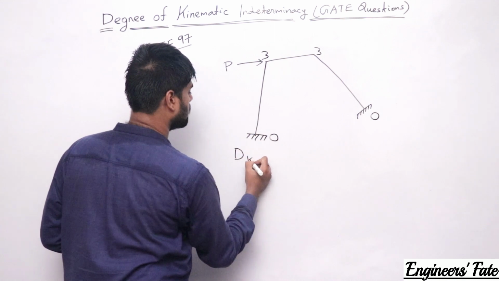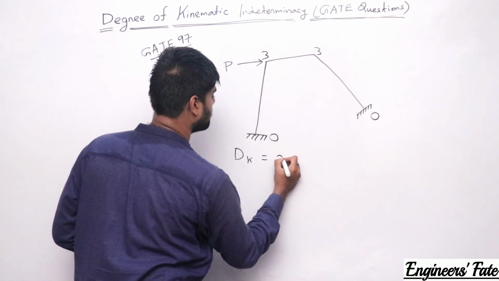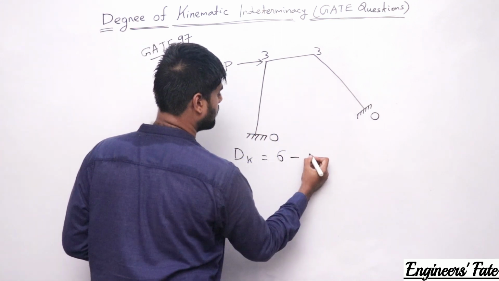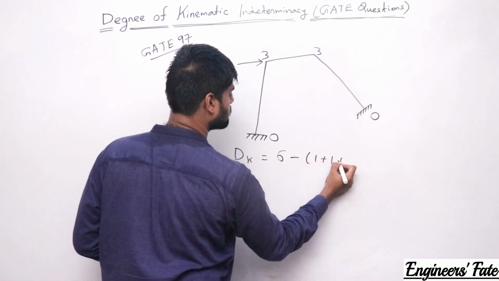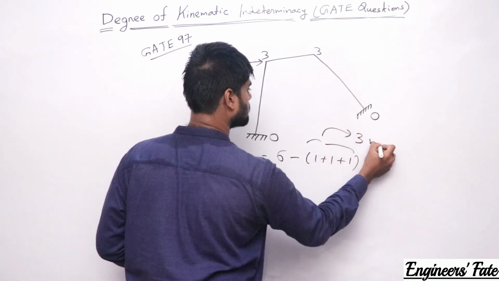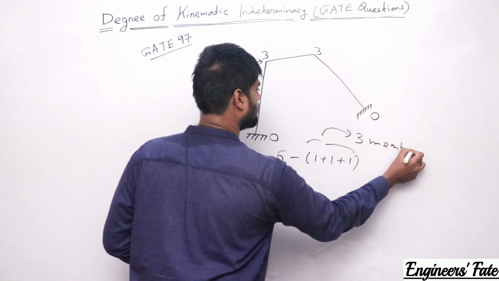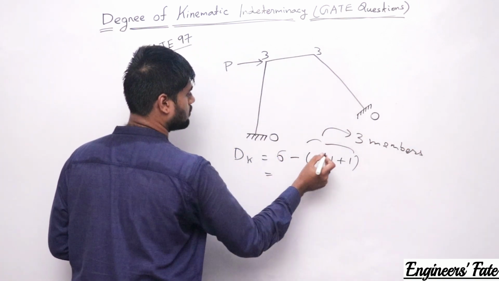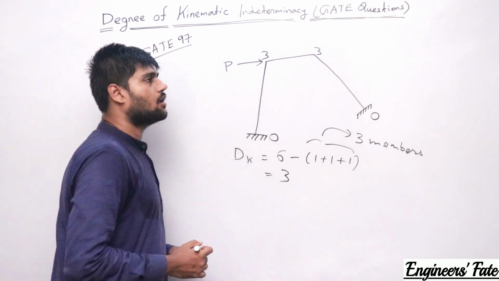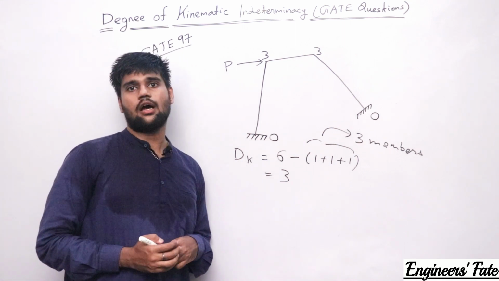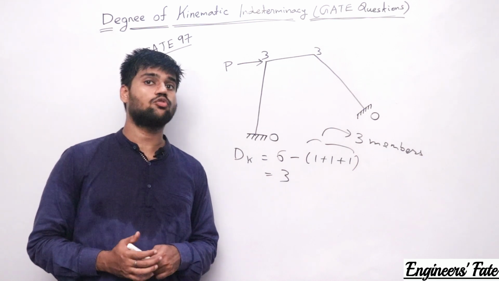So dk equal to 3 plus 3, that is 6, minus number of members 1, 1, 1, that is 1 plus 1 plus 1, that is 3, 3 members. Don't be confused, that's why I am writing all these silly things. So 6 minus 3, dk equal to 3, so answer is 3. Try the last GATE question asked in GATE 2004.